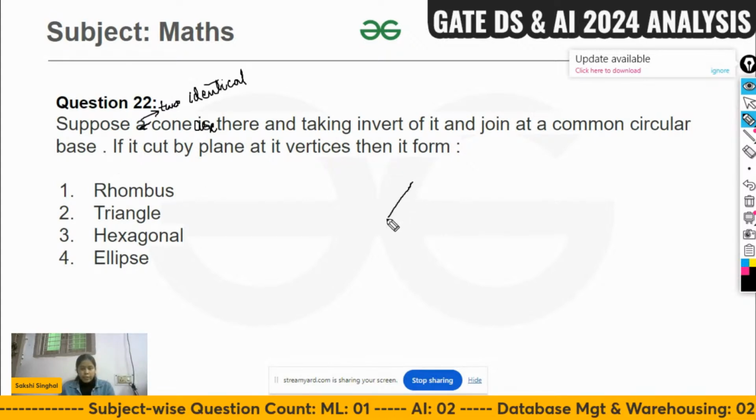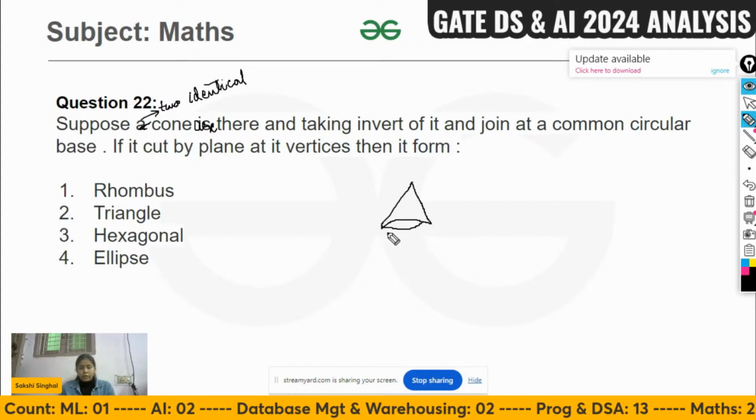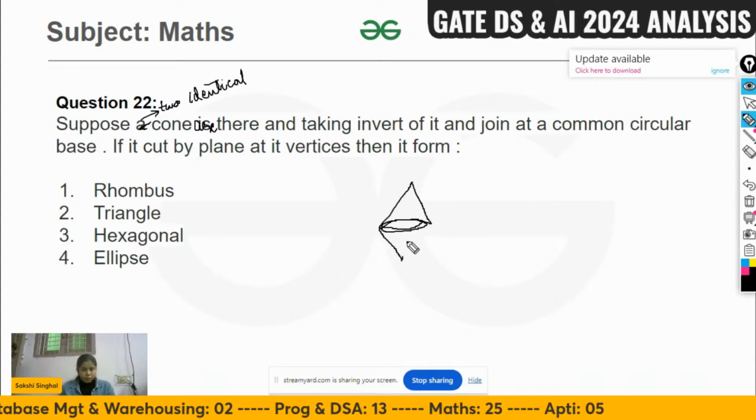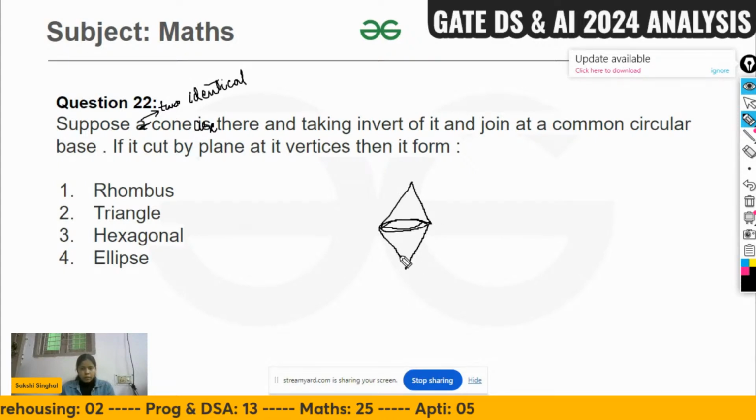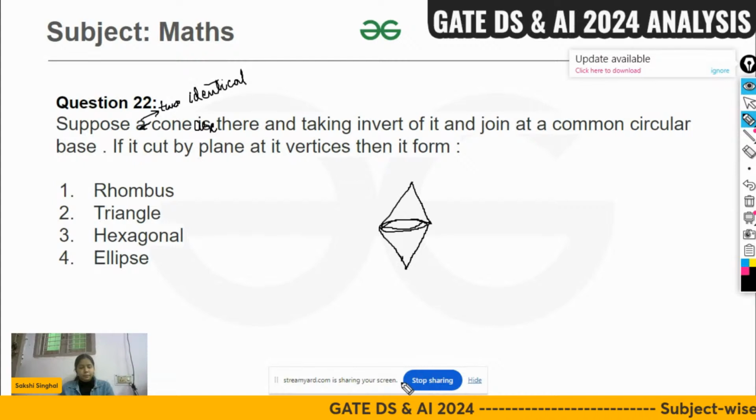So let's suppose we have this cone, and if I join these two, what would you get?